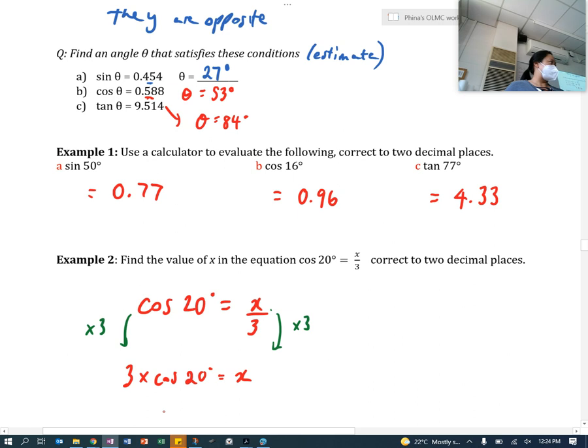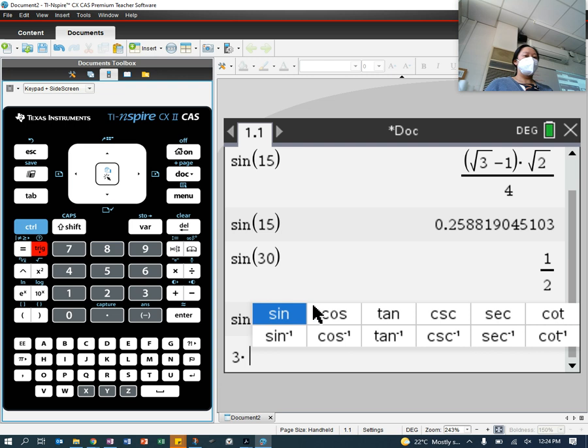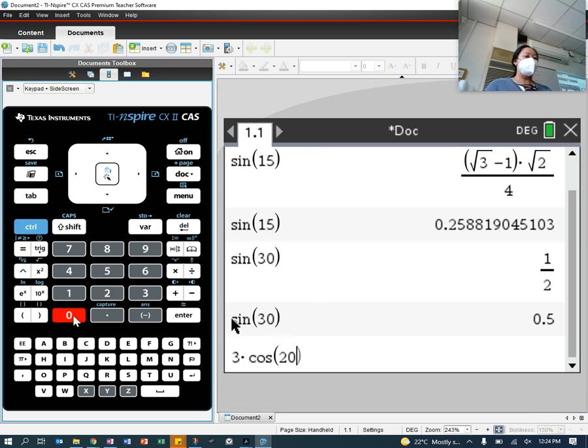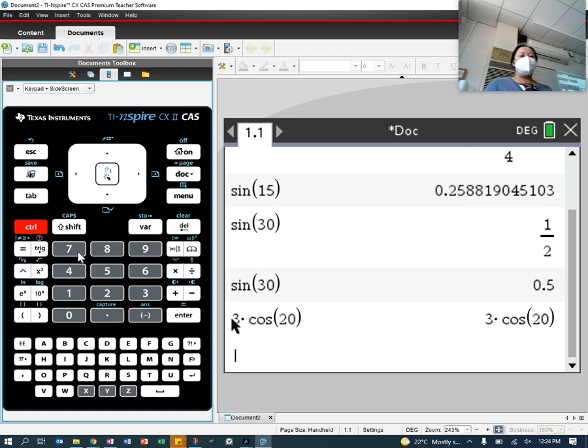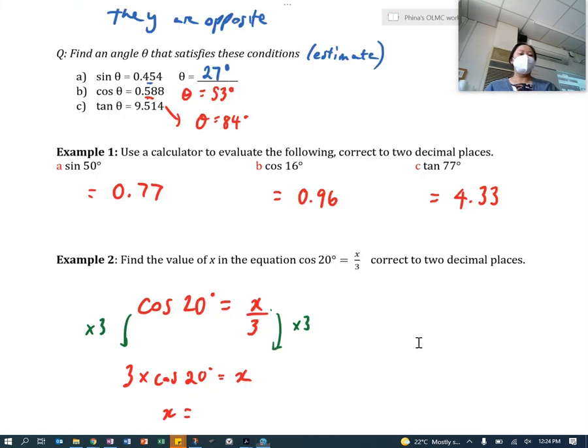Can you put that in your calculator? You need to make sure you put in the times. Sometimes your calculator will compensate for your lack of times, but I'd always get in the habit of doing it, because sometimes it does weird stuff if you don't. So control enter. We'll get 2 point, and how many decimal places? 2. So 2.82.